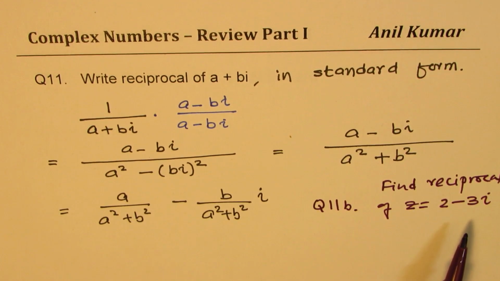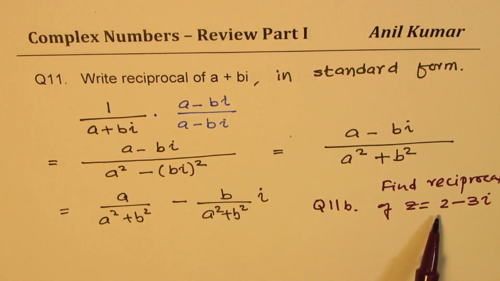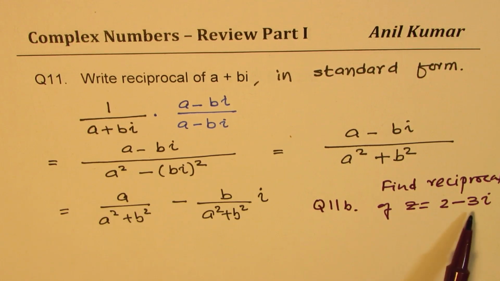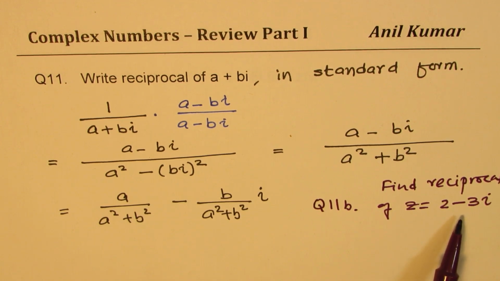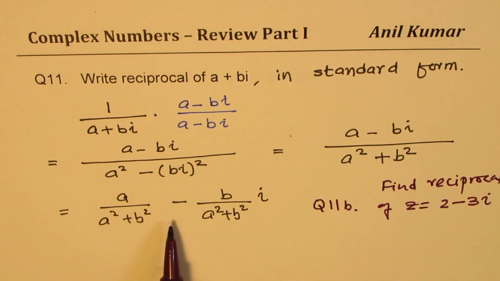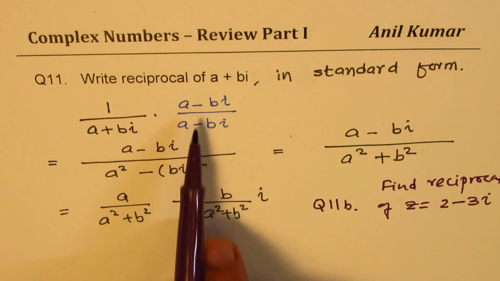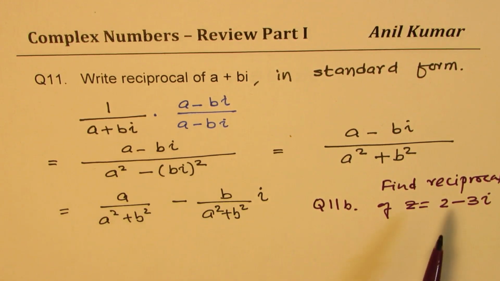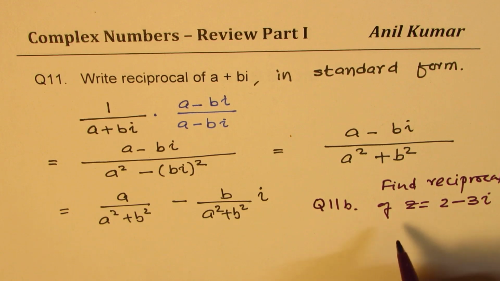So basically the reciprocal will be 2 over 2 square plus 3 square minus, now since this is already negative, you may have to see that. So it will become positive because you have to multiply by the conjugate. Do you see that? So it will become plus 3 over 2 square plus 3 square. So let this be your exercise. Is it okay? So that is for you to do.